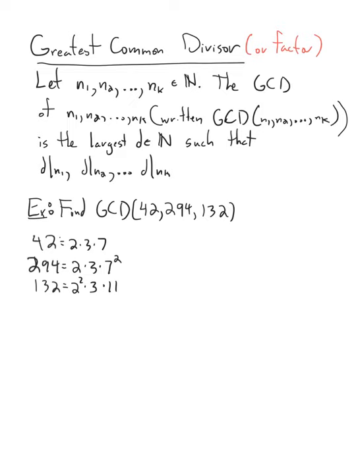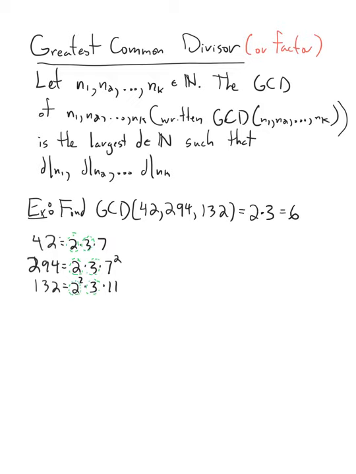So looking at this, we're going to take one of these 2's, and I'm going to circle the 2 without the exponent just to say it's one of them and not both, and the 3, since that's what's in common with all of them. So it's going to be 2 times 3, which is 6.